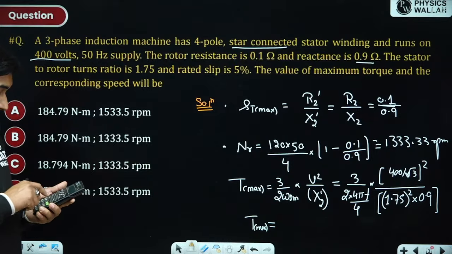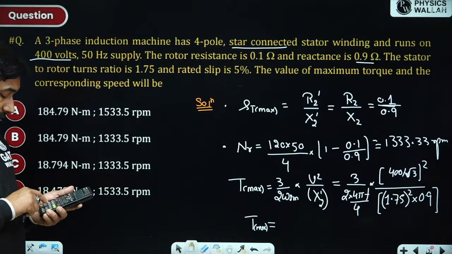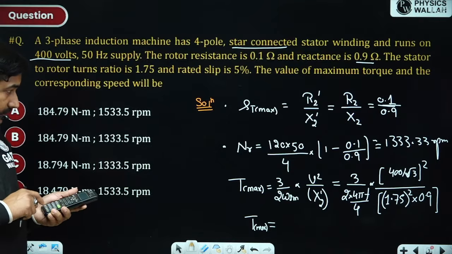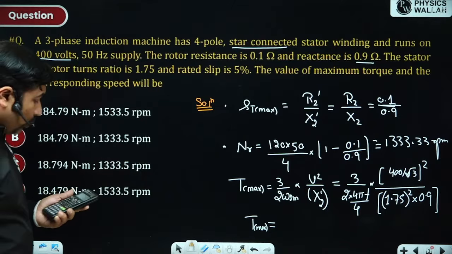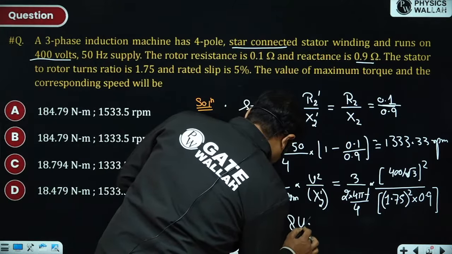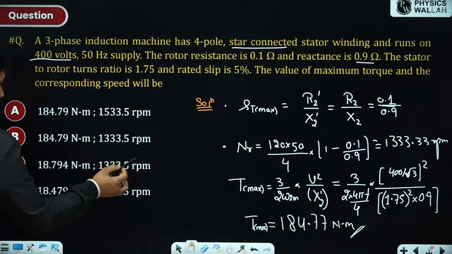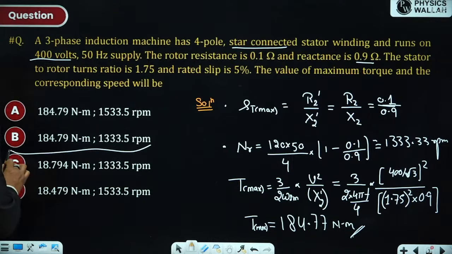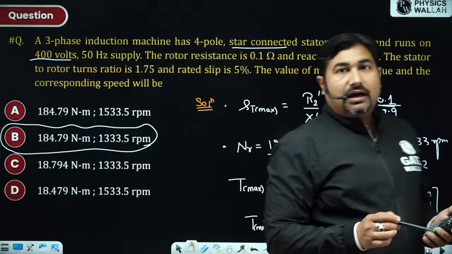So 400 by root 3 square of the answer, and the result is 184.77 Newton meter. So among the following, which one is correct? 184.77. Approximately this one, because the rest are far away from the possible values.